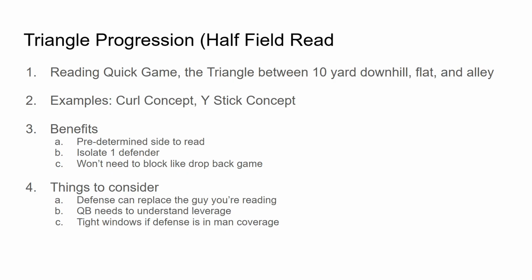When you're thinking about geometry, we're basically reading the triangle of the zones. So we're reading 10 yards downfield at the top, and then we're reading the flat route that's below that, and then we're reading kind of an alley. So it kind of makes like a right triangle.